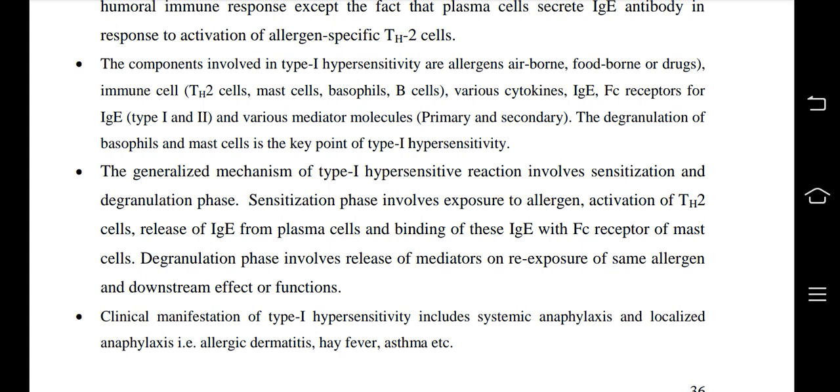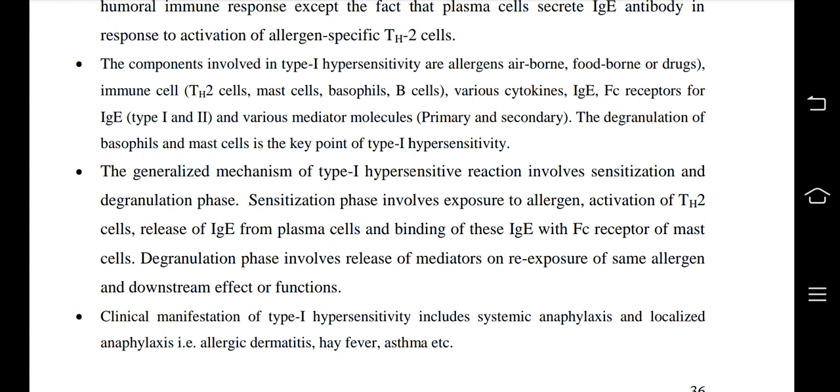The generalized mechanism of type 1 hypersensitive reaction involves a sensitization and a degranulation phase. The sensitization phase includes exposure to allergen, activation of Th2 cells, release of IgE from plasma cells, and binding of this IgE with Fc receptors of mast cells.